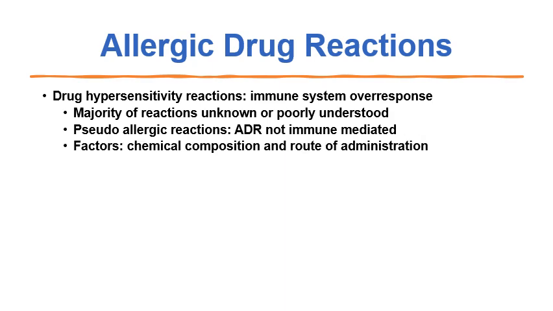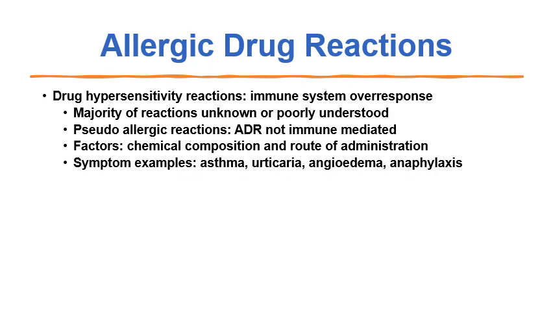Some factors that are related regarding allergic drug reactions could be the chemical composition of the drug and how the drug gets administered. Some of the very common symptoms related to allergic drug reactions: people that have asthma could have asthma attacks, and their asthma could become hypersensitive to something. Urticaria, angioedema, anaphylaxis are the big things that tend to happen when individuals have allergic drug reactions.